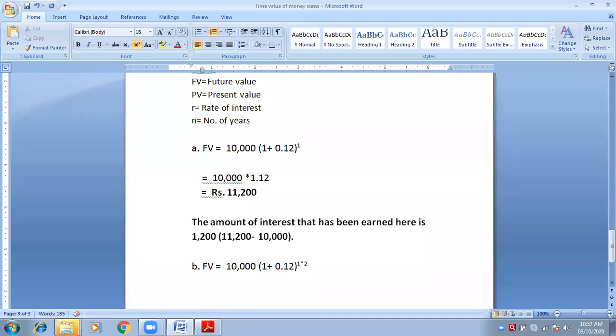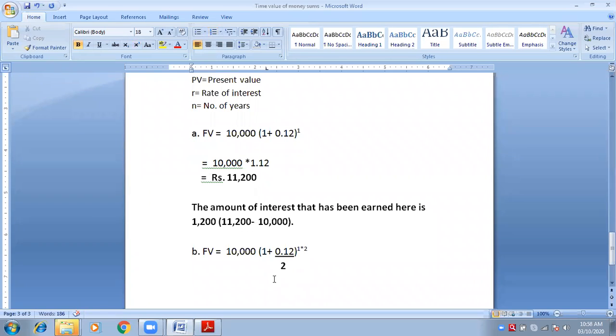Therefore, it will make the total of 12 months. So 1 into 2. If it is into 2 outside the bracket, inside the bracket, it will be divided by 2. Is it okay? Yes, ma'am.